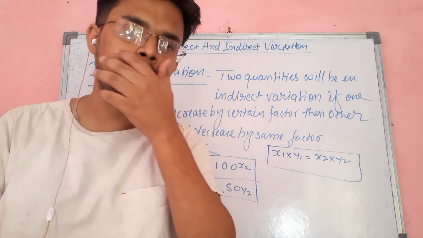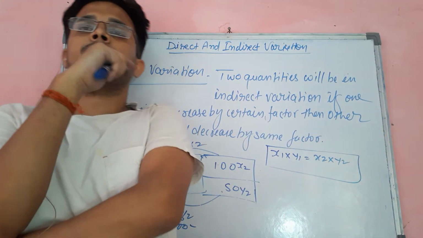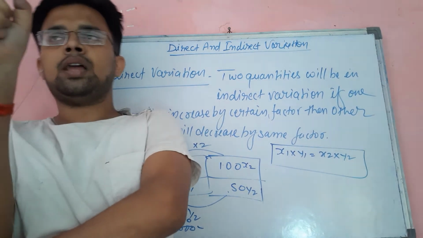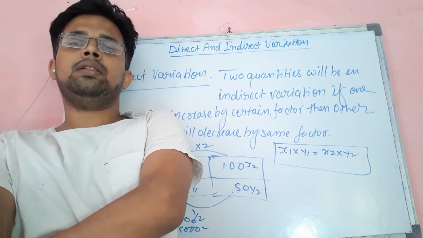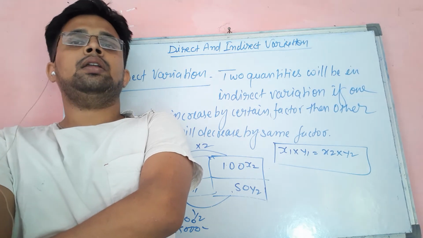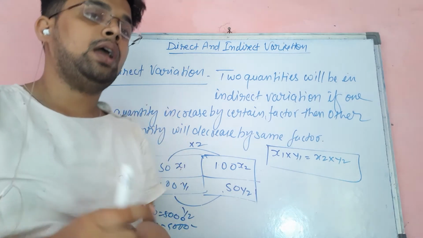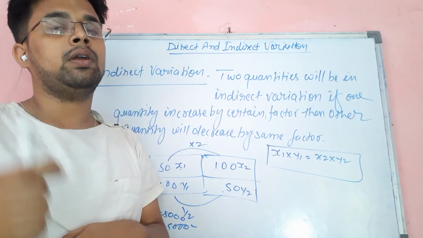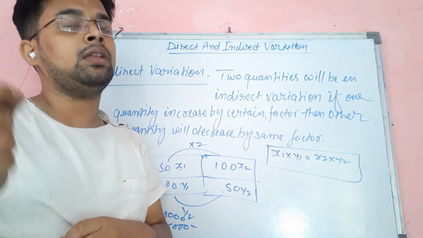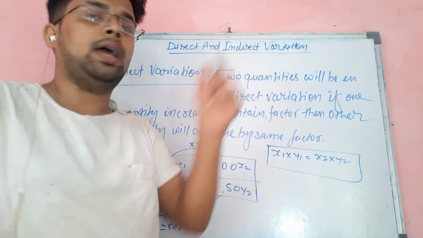Okay. Now the problem is, children, how we can understand when to apply direct variation and indirect variation in a particular question. So first, children, you will see the question. If you are increasing one quantity and the other quantity is also increasing, then in that case you will apply direct variation. And if you are increasing one quantity and the other quantity is decreasing by the same factor, then you can apply indirect variation.